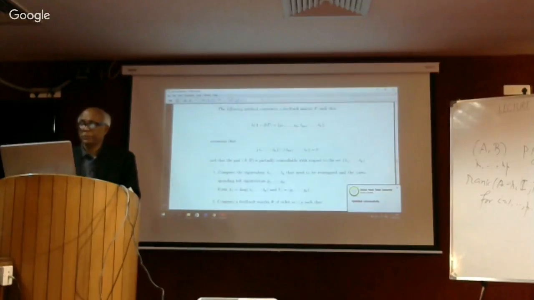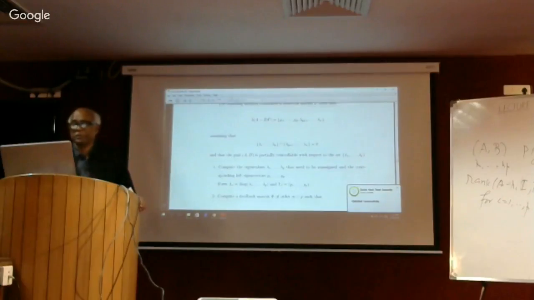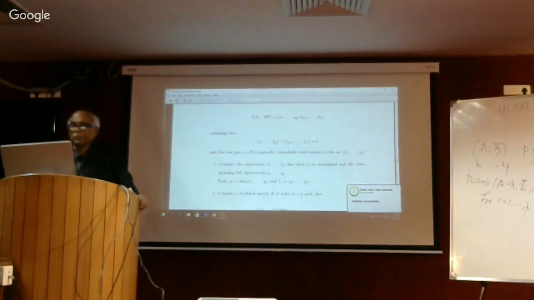Here is a constructive method. The first step, you compute the p eigenvalues that need to be reassigned and the corresponding left eigenvectors. Not the right ones, left ones.